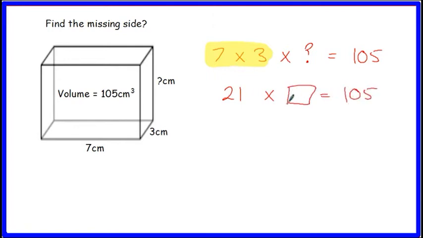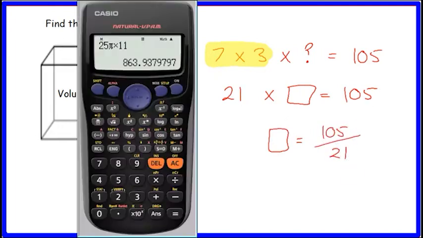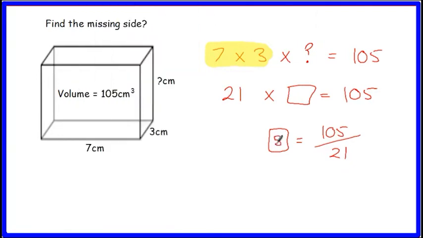Well, that something must be 105 divided by 21. Do that in my head. Gives me 5. So the missing side must be 5 centimeters.